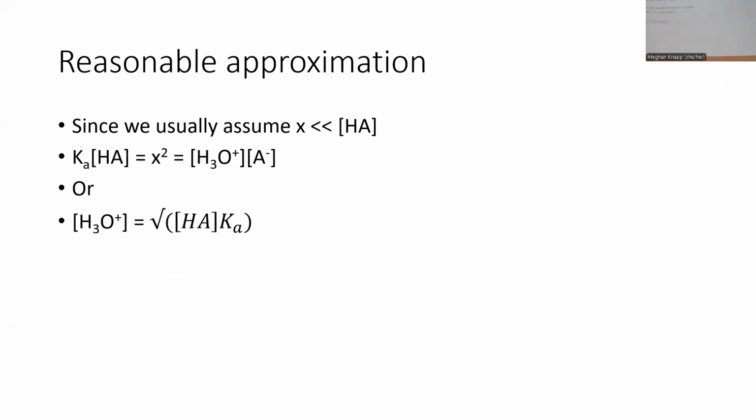What you're going to find as you do several of these is that you can really just get down to the concentration of H3O plus is going to be the square root of the original concentration times Ka. That's the math you end up doing altogether.